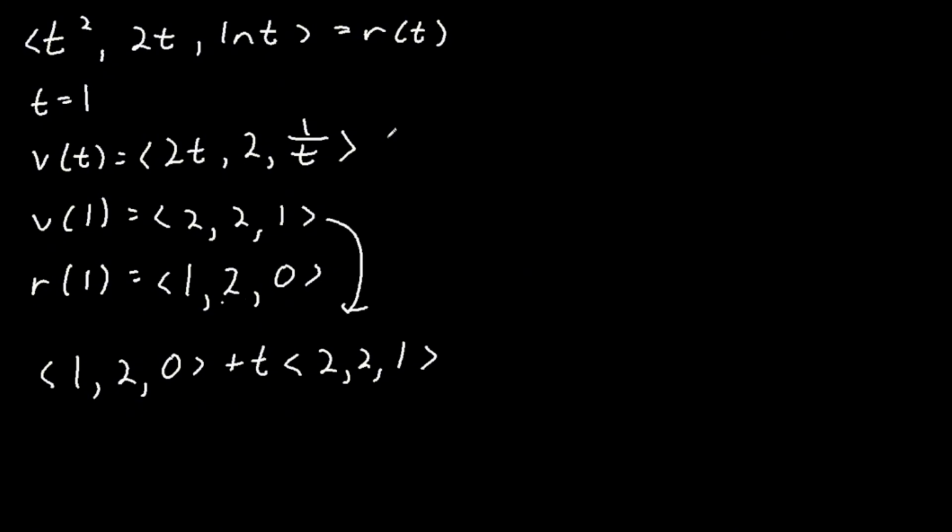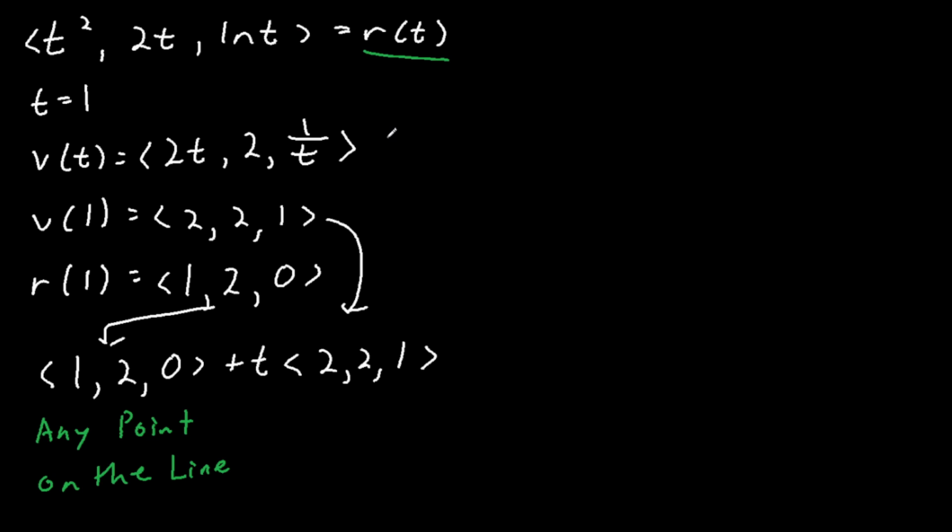And again, let's use green. This first is any point on the line. And what other point to use than the one that's intersecting with the space curve?